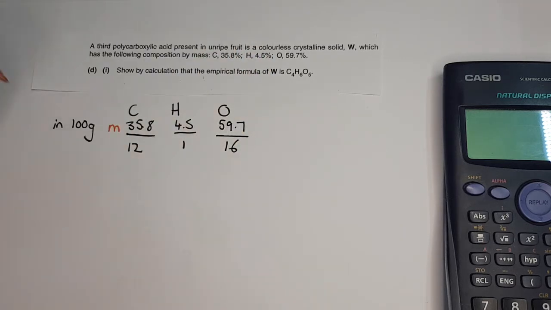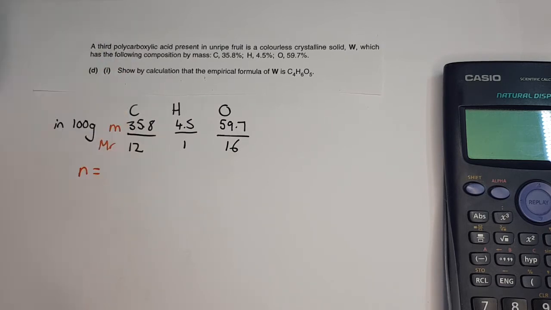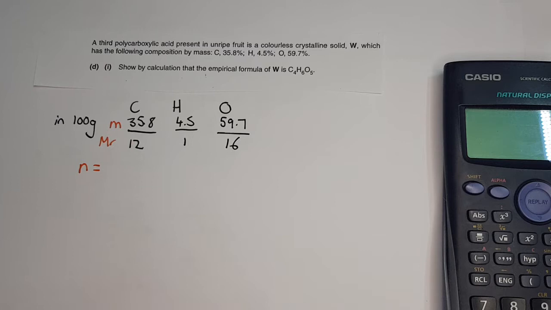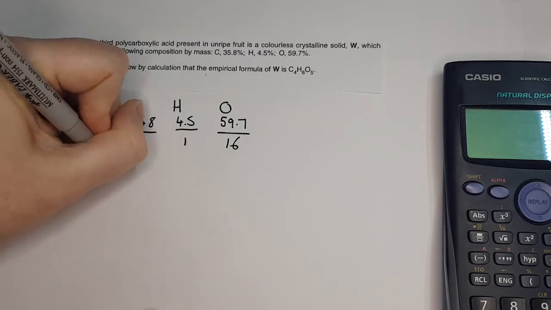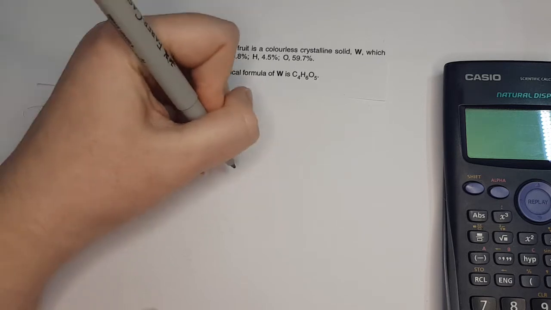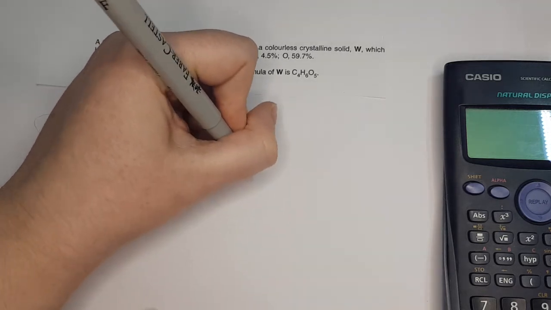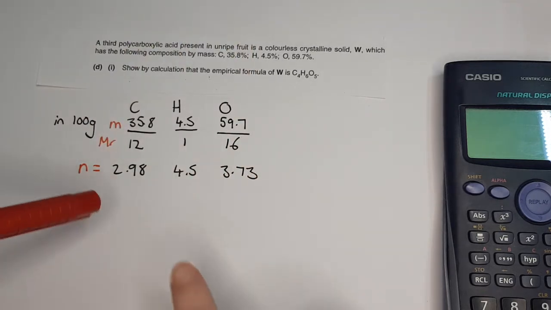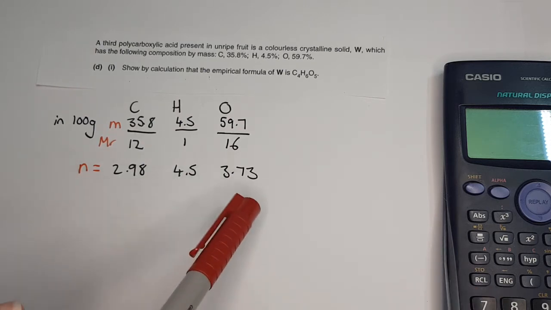And remember, that is the same as the MR, which means I've worked out n as 2.98, 4.5, and 3.73. So none of these are whole numbers, or even close to whole numbers.